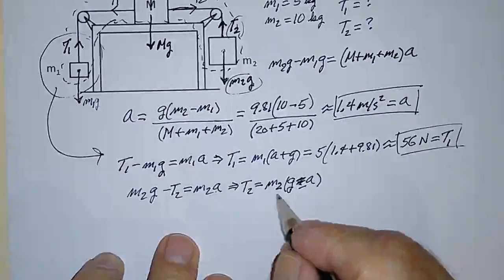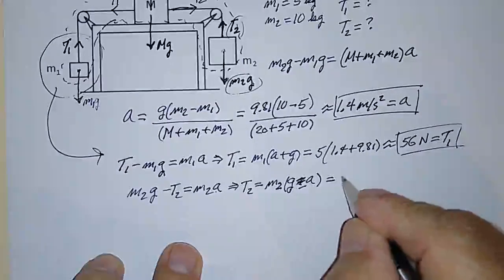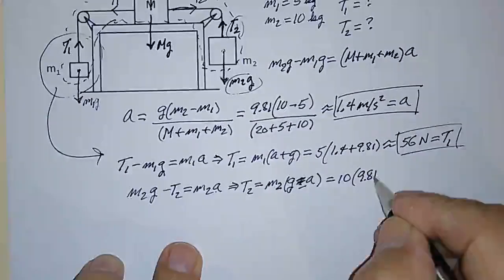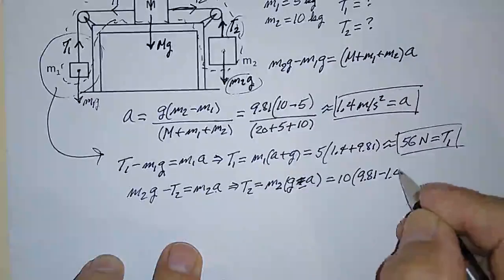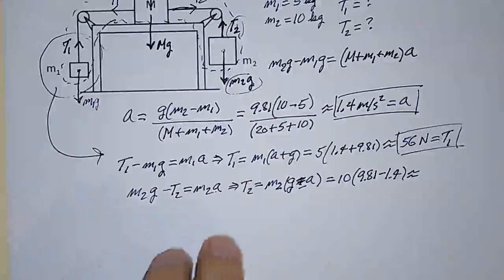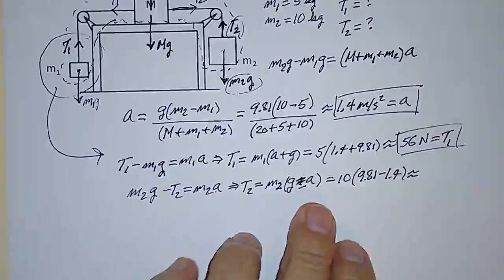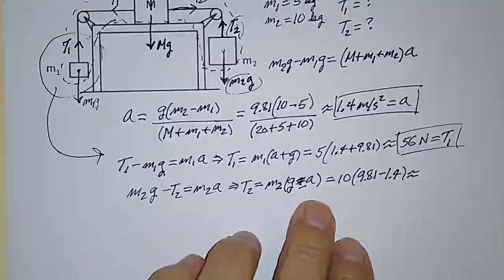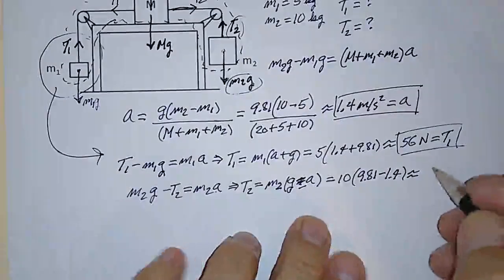So T2 is equal to m2, which is 10, times (9.81 minus 1.4), and that works out to approximately 84 newtons.